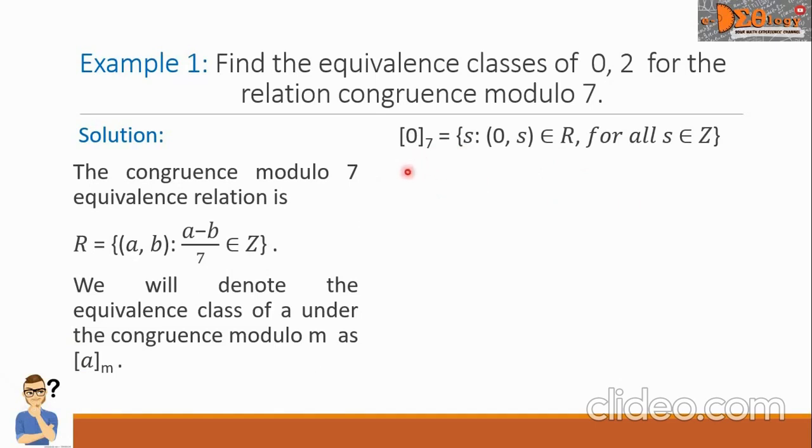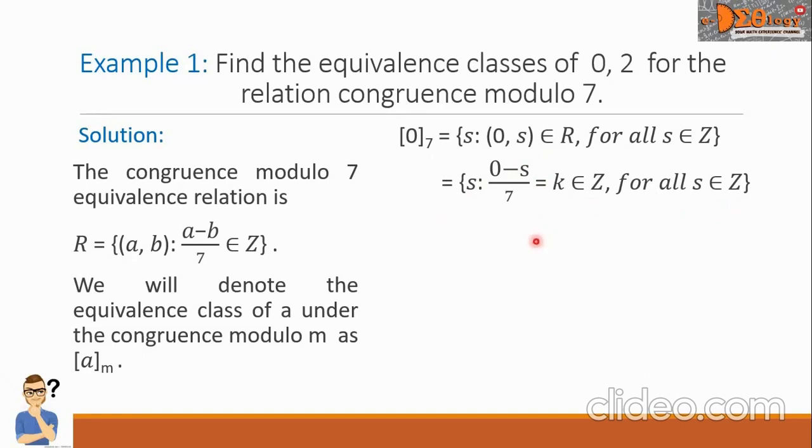Likewise, this equivalence class is defined like this: the elements are s such that (0 minus s) over 7 equals k, where k is an element of Z, the integers, for all s an element of Z.